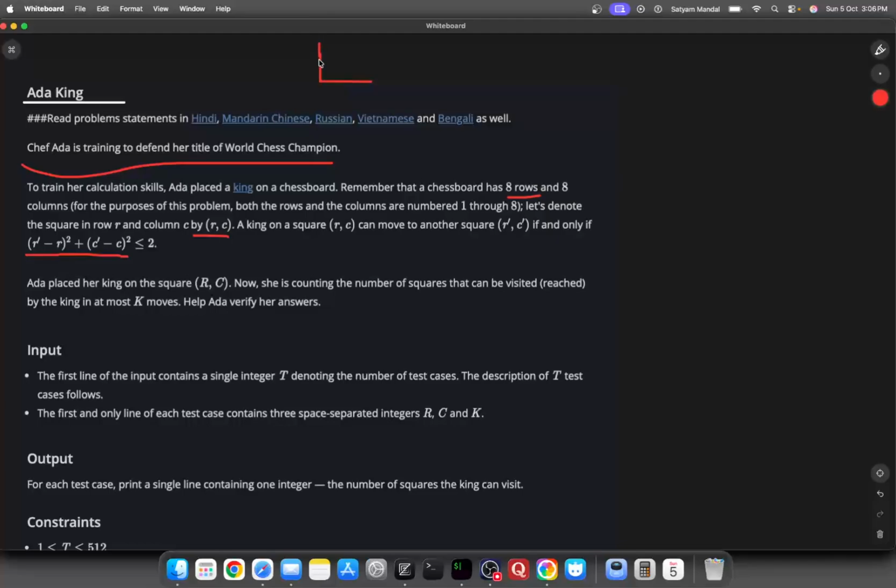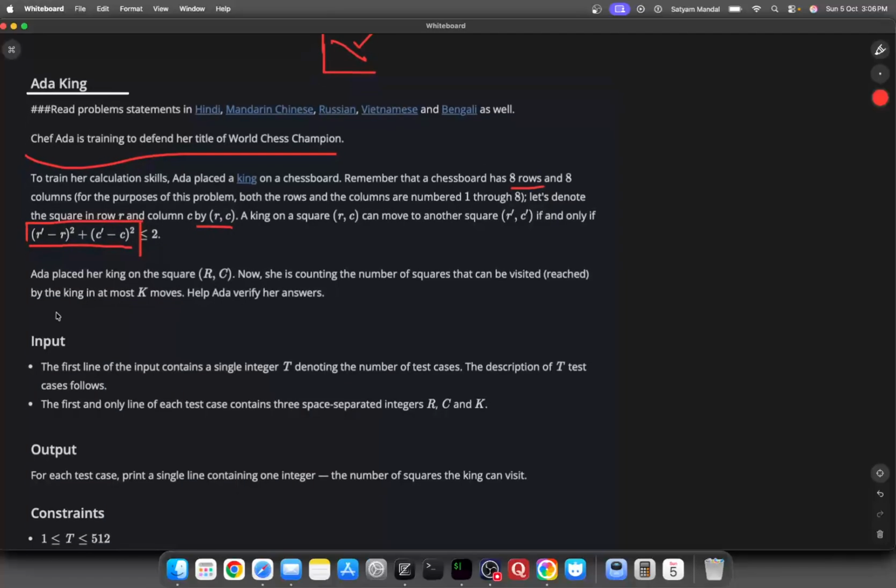Let's suppose in the graph you want to find the distance between two points. In this scenario, you have to use this formula. Okay, so Ada plays her king on the square (R, C).